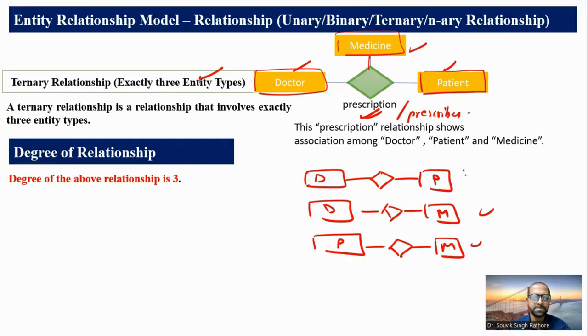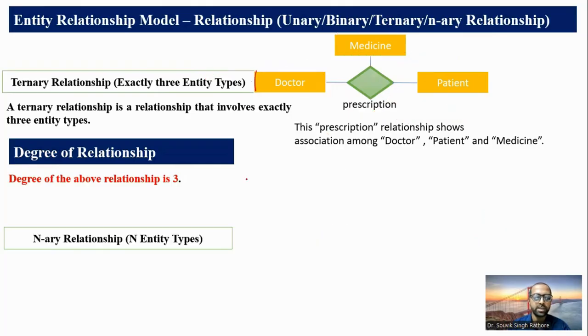The reason is that the three-way association contains information that may not be captured correctly by considering them separately, pairwise. You may ask, which medicine did a particular doctor prescribe to a particular patient? That involves three different entity types. It needs doctor entity type, patient entity type, and medicine entity type together. Therefore, a ternary relationship may be appropriate in this case.